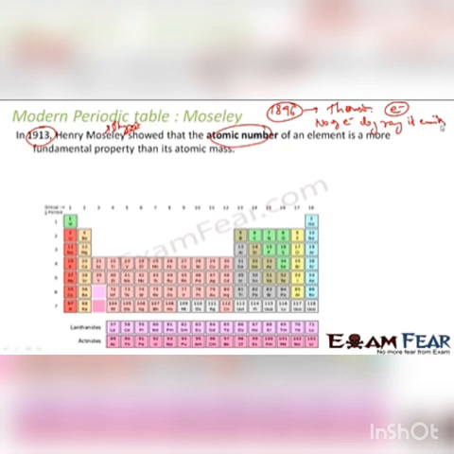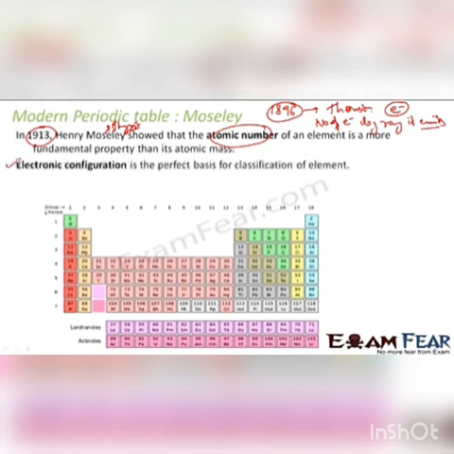So with that, he was able to find the number of electrons, and that is nothing but the atomic number. So he coined this word atomic number, and he found the atomic number for all the elements. And then he observed that if you use atomic number instead of atomic mass in the periodic table, it overcomes a lot of limitations. Correct? And that's what he did.